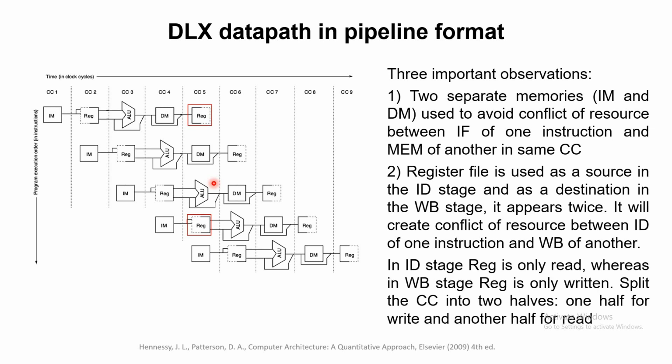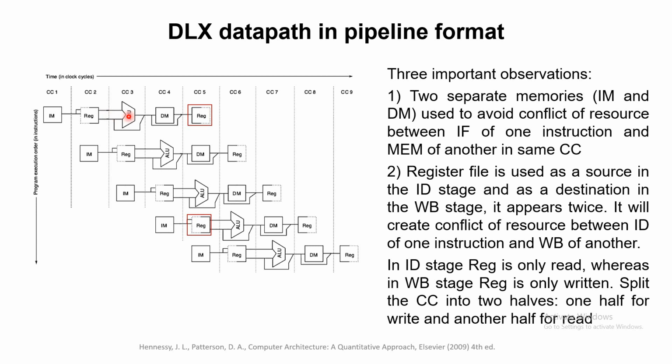That conflict can be removed, as we can see that during the decoding stage, the processor will have to read the operands from the register so it can pass them to the ALU stage. But during the fifth stage, the write back stage, the processor will have to write data to the registers. This is the difference.